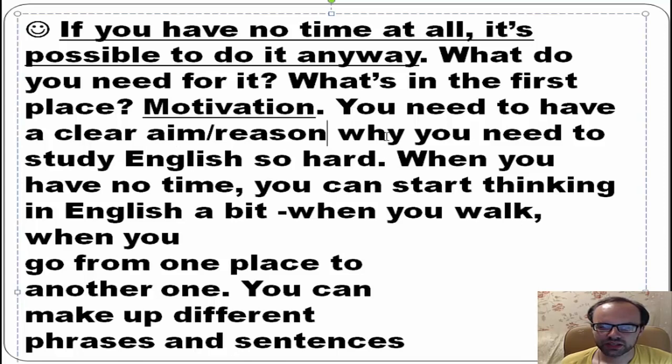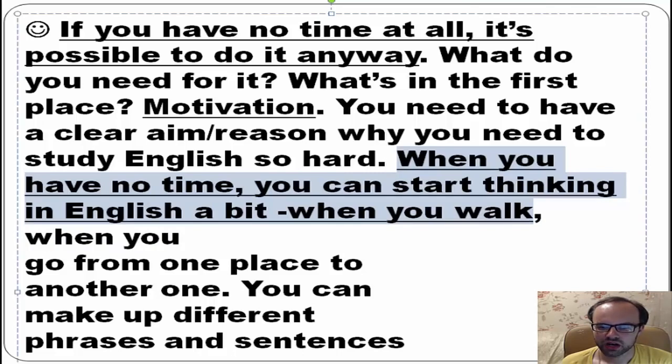So, and when you have no time, you can start thinking in English a bit. It means a little. So when you walk, I also do it. I think in English. It's a habit for me.